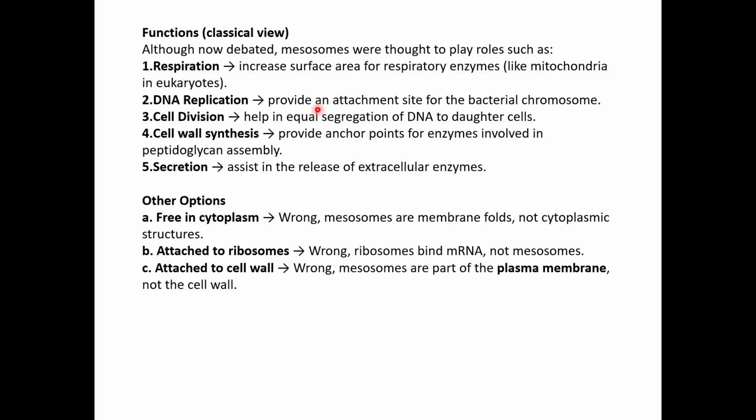For DNA replication, they provide an attachment site for the bacterial chromosome. In cell division, they help in equal segregation of DNA to the daughter cells. In case of cell wall synthesis, they provide anchor points for the enzymes involved in peptidoglycan assembly. And in secretion, they help in release of extracellular enzymes.